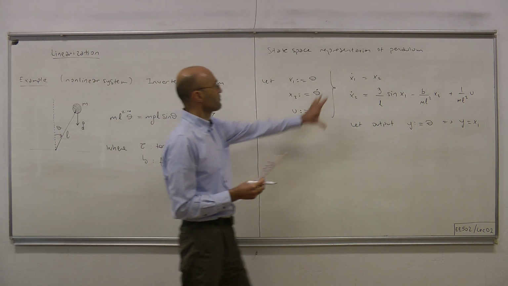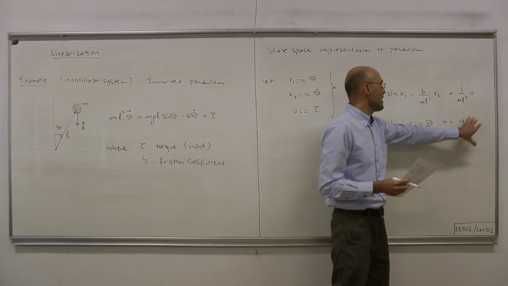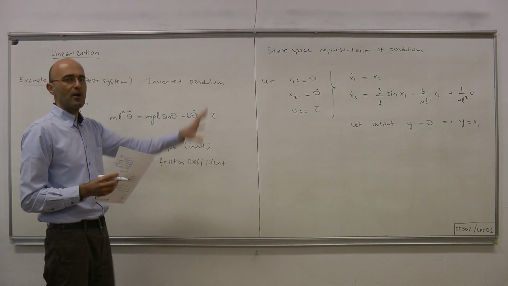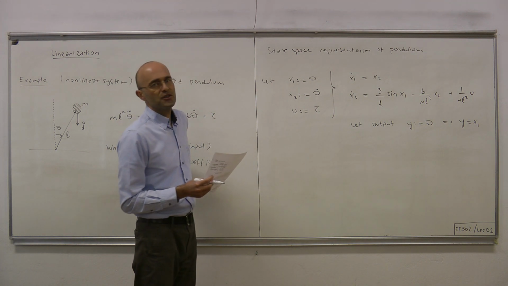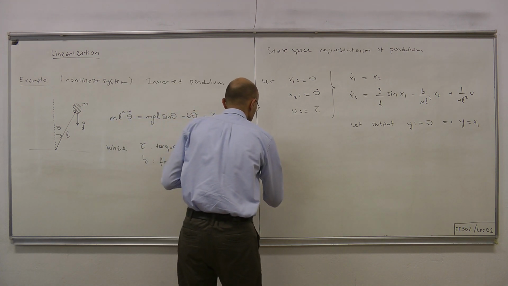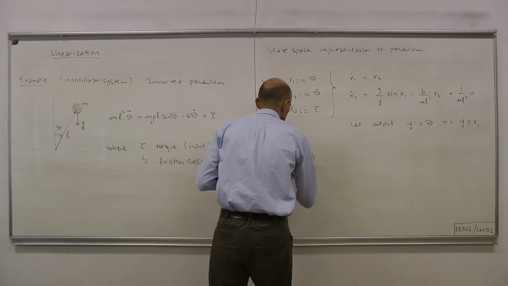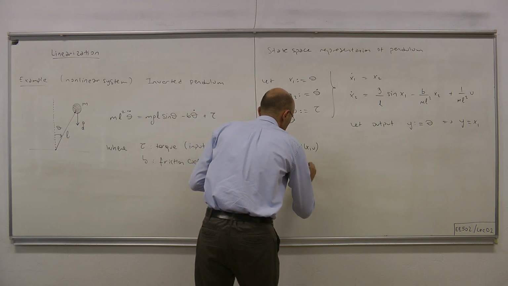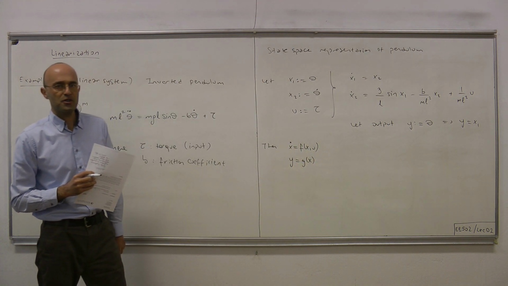So what we have is x dot equals something in terms of our formulation variables, and y equals also something in terms of our formulation variables. So we collect all those terms and put them into a single vector equation. That's our state space representation for our nonlinear system. Then we have x dot equals f of x, u, and y equals g of x, for functions f and g.